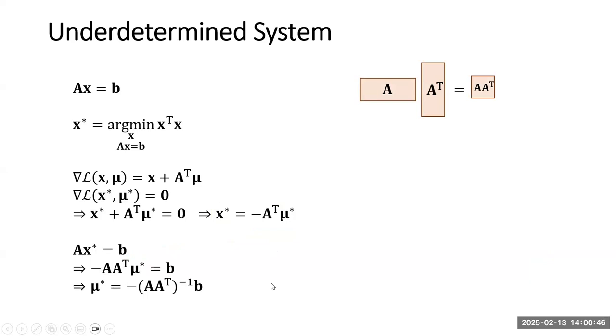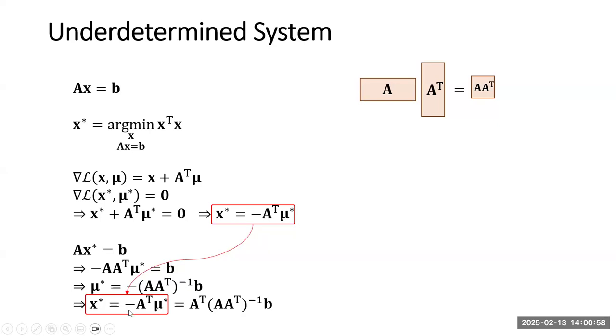So how do we get x star? We use this relationship. x star equals negative A transpose mu star. This is mu star. Okay, so using this, we get x star equals A transpose times (A A transpose) inverse b.